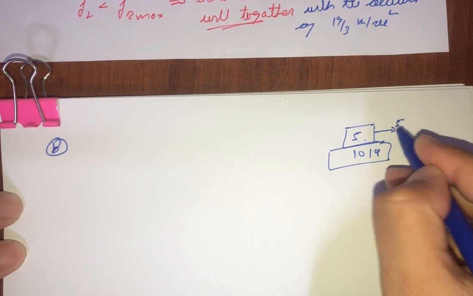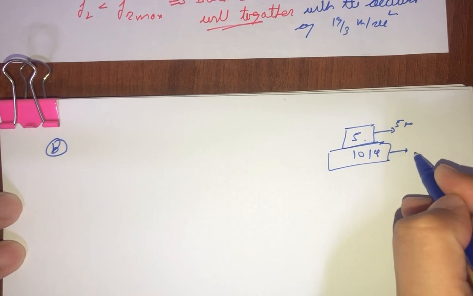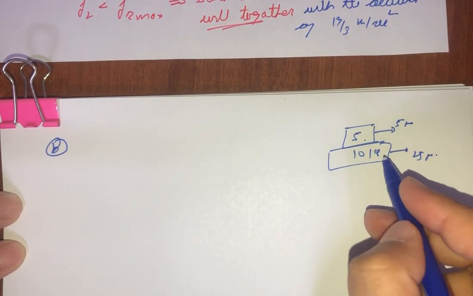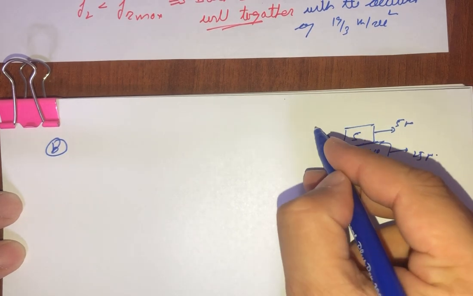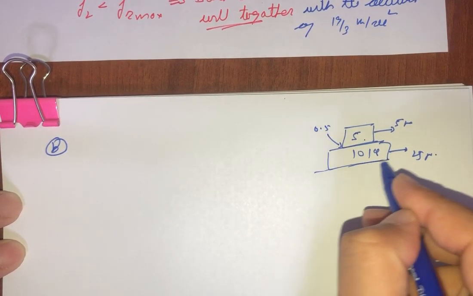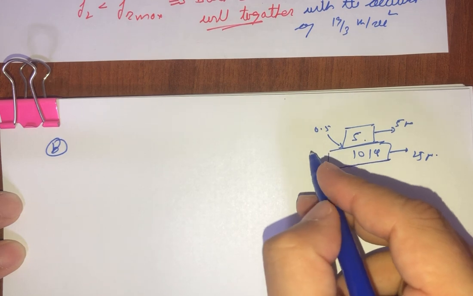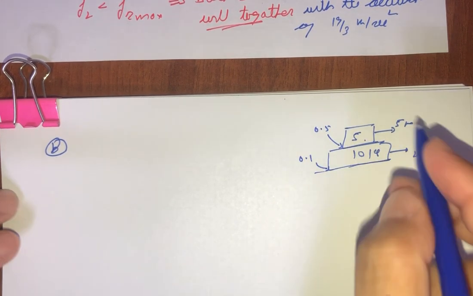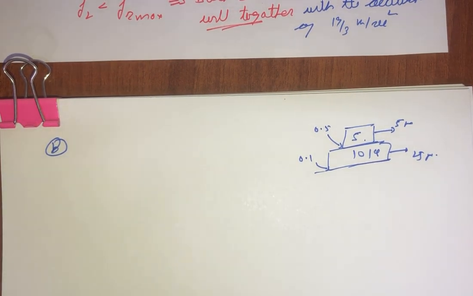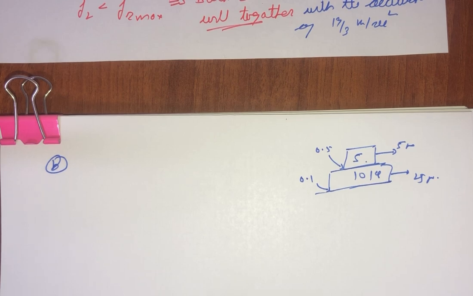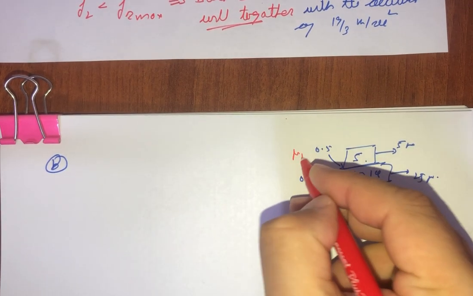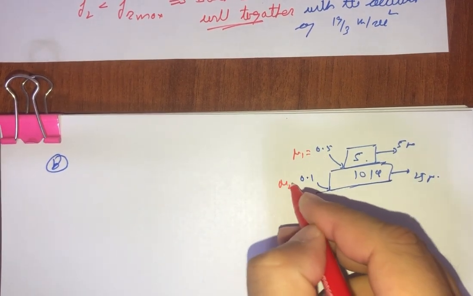The force applied on the above is 5 Newton and on the below is 25 Newton, and the coefficient of friction here is given as 0.5, and with this is given as 0.1. So once again, let us call this mu1 and this mu2.